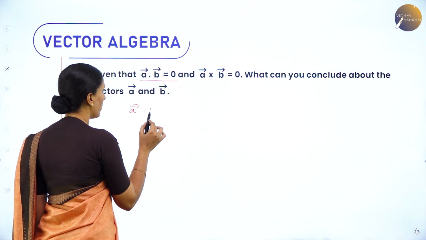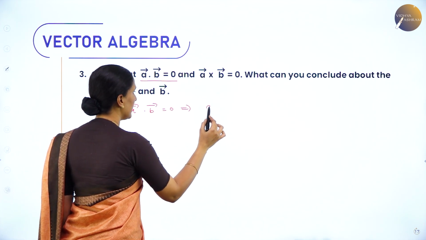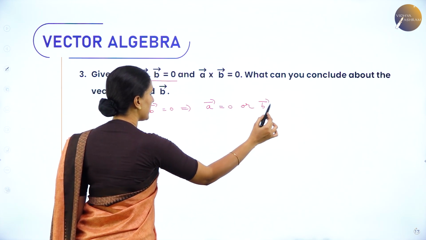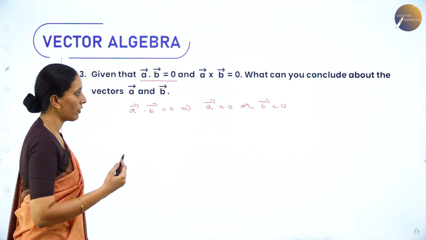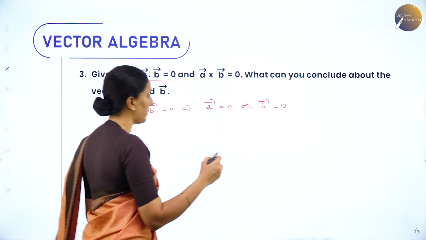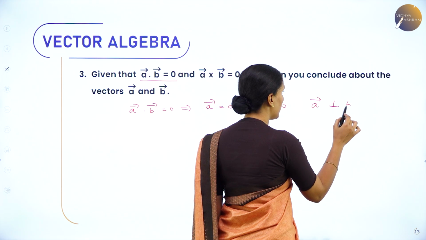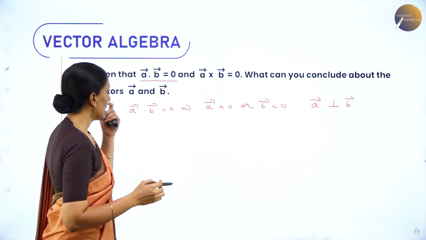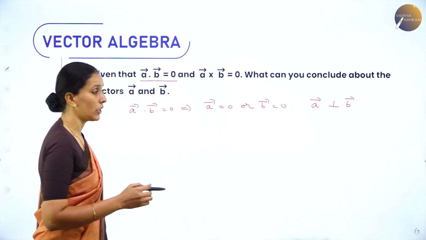So if A dot B is equal to 0, this implies either vector A is equal to 0 or vector B is equal to 0, because their scalar product is 0, meaning obviously one of the vectors must be equal to 0. That also implies vector A is perpendicular to vector B. That means the dot product of the vectors is 0, so the vectors are perpendicular to each other.